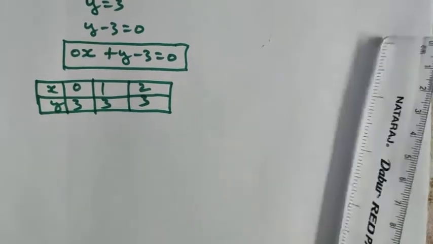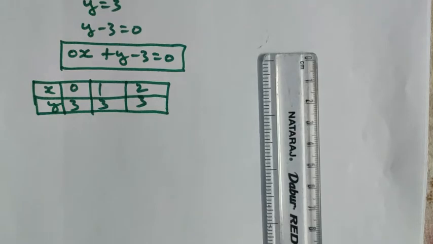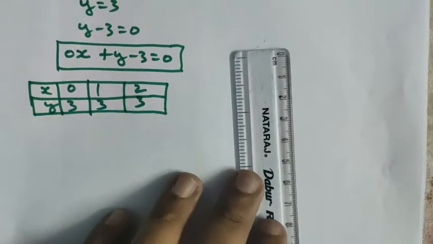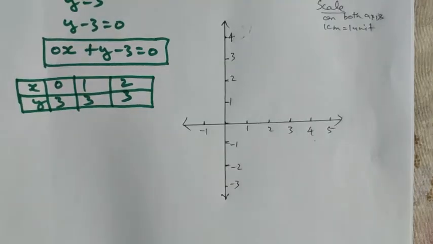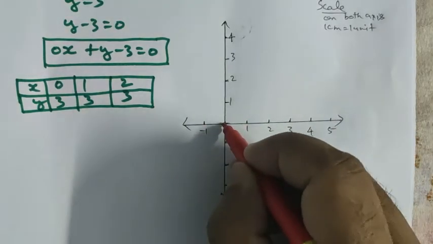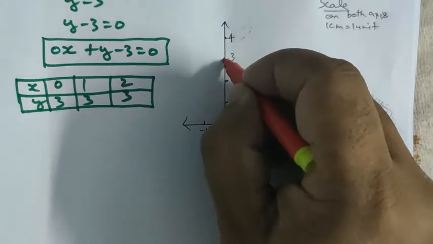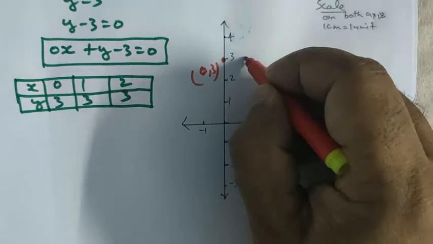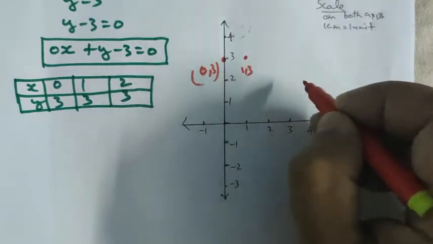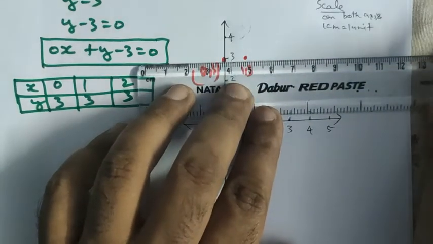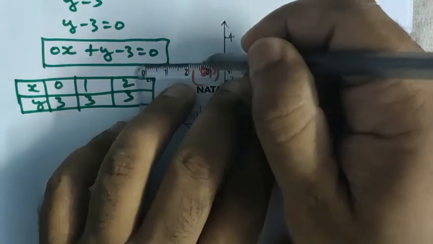On the Cartesian plane, if we plot the graph, it will be parallel to the x-axis. Okay, so I'm drawing the graph here. For x equals 0, y equals 3, so this will be point (0, 3). For x equals 1, y equals 3, this will be point (1, 3). Similarly (2, 3). So that will be a straight line.